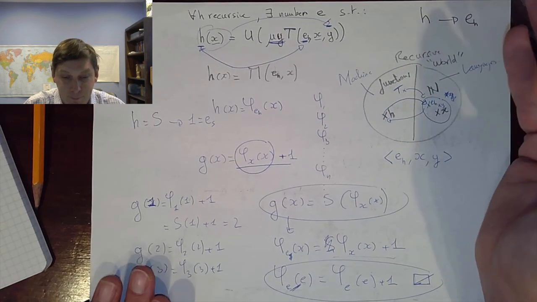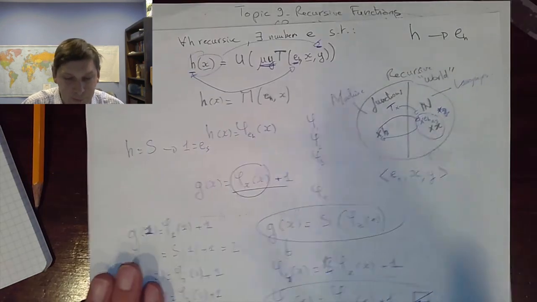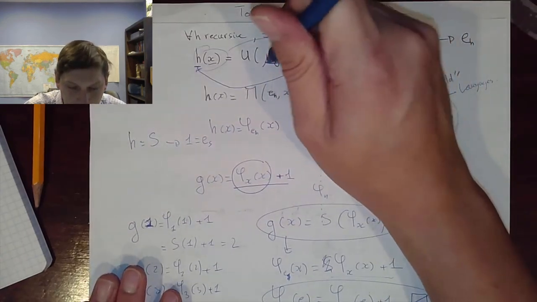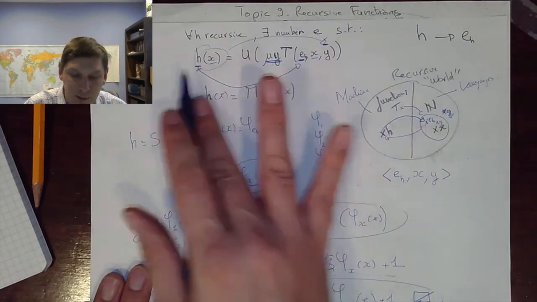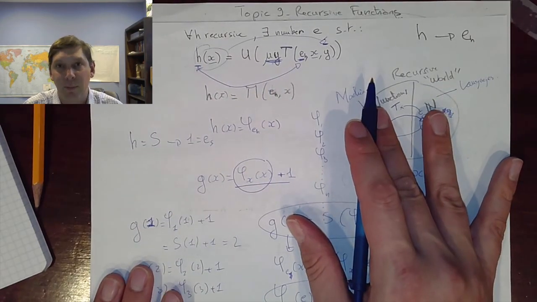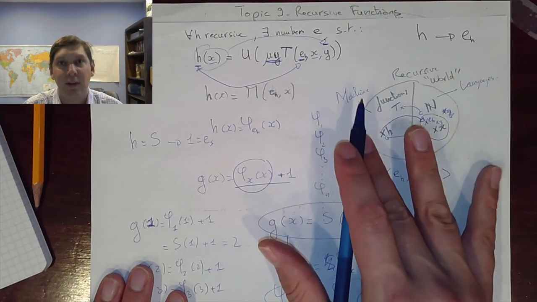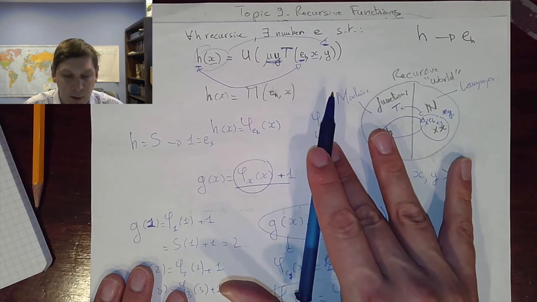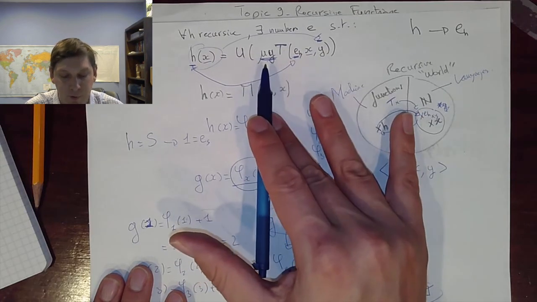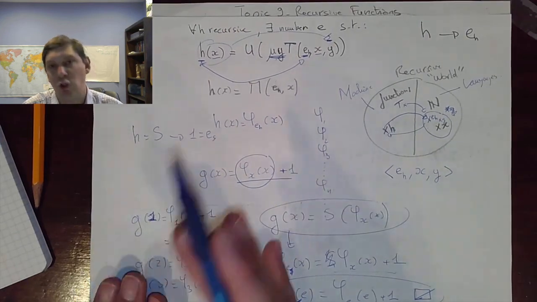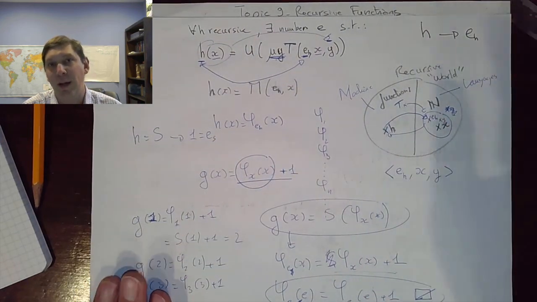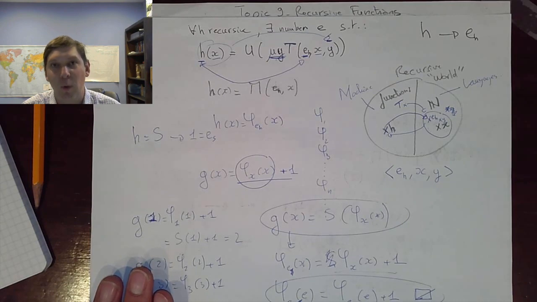And I hope also it helps understand a bit the point of unbounded minimization and the power it adds. You could not get this theorem and these results and this capacity to express a function as a number without the unbounded minimization, because you would not have the capacity to search for the one computational tree that you want to select.